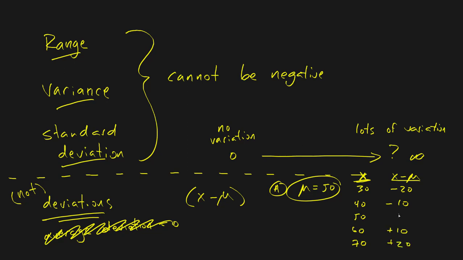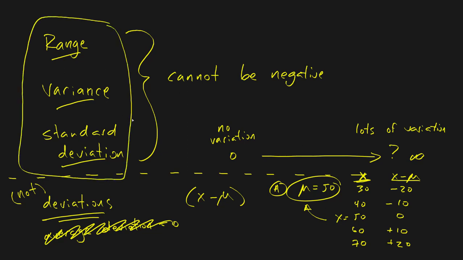Or you could have a 0, neither negative nor positive, showing that you're right at the mean. This value of x is exactly the same as the average. So your other measures of variation, the range, the variance, and the standard deviation, as they're introduced in this chapter or in any chapter to come, cannot be negative because it makes no sense. You can't have anything less than no variation.